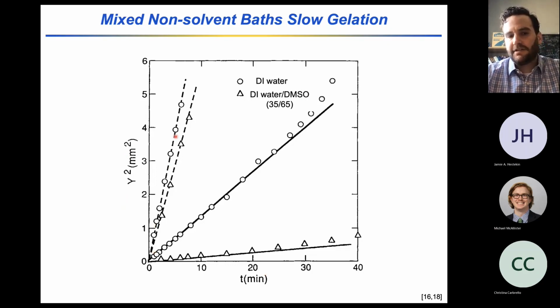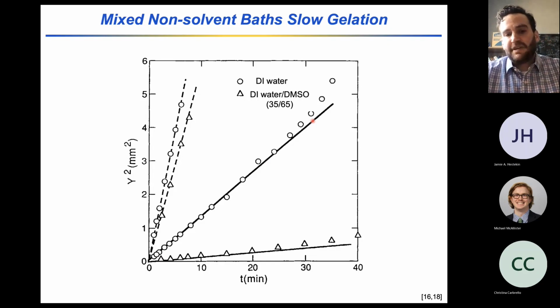The diffusion front of solvent-non-solvent exchange for these two materials is relatively similar, but the addition of the solvent to the non-solvent delays the onset or the growth of the vitrification front for the mixed non-solvent system. Here you see the mixed non-solvent system grows in slowly, whereas pure DI water used as the non-solvent has a gelation front that grows quite rapidly.